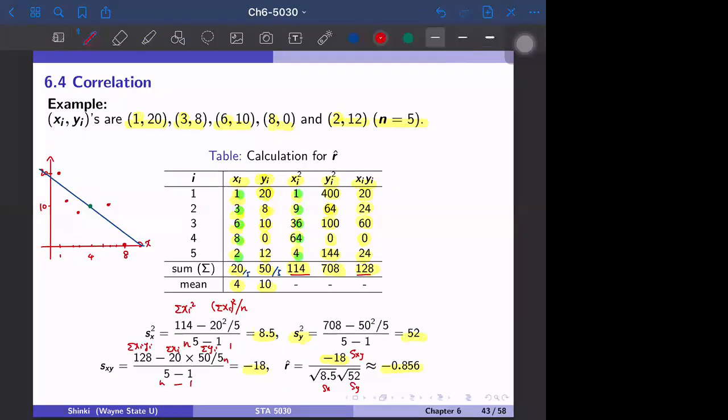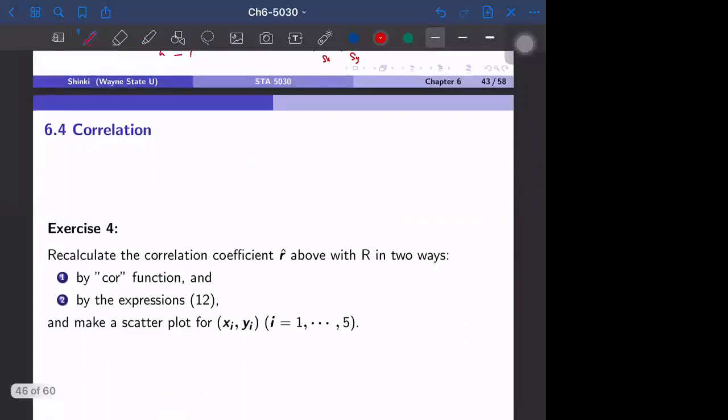Yeah, so this is just a paper and pencil example. And you can use the correlation function in R, cor with vector X and vector Y. This is the 5-dimensional vector in the previous slide, and Y is also a 5-dimensional vector. Then you can immediately get the correlation coefficient. And of course, you can calculate from scratch.